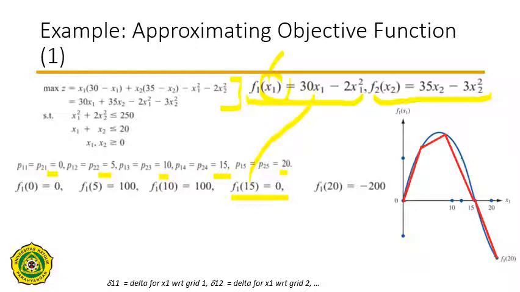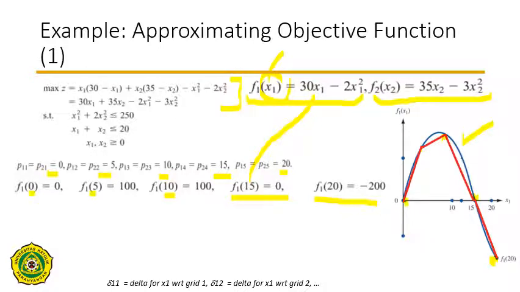Okay, so you just plug in each of the grid point values into the f1 function, and then you have the representation of the points. So f1(0) is 0, f1(5) is 100, f1(10) is 100, f1(15) is 0, and then f1(20) is minus 200.